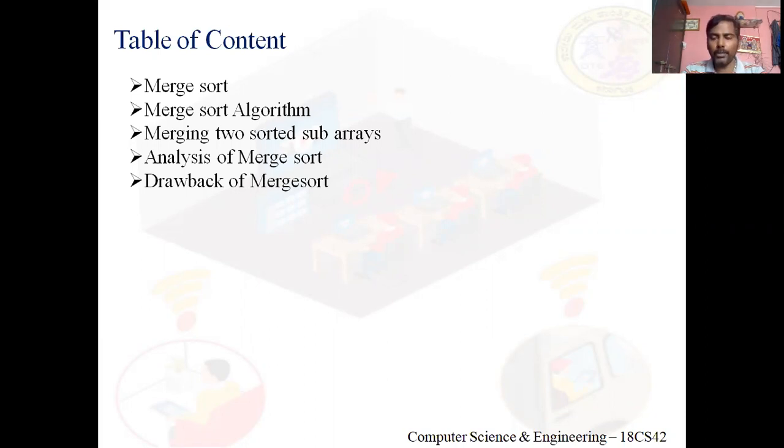Remember, two properties a sorting algorithm should satisfy: stable and in place. To be in place, it should occupy only a few extra memory locations. But merge sort occupies a linear amount of extra storage, so we call merge sort not in place. We'll see that. So this is the agenda.